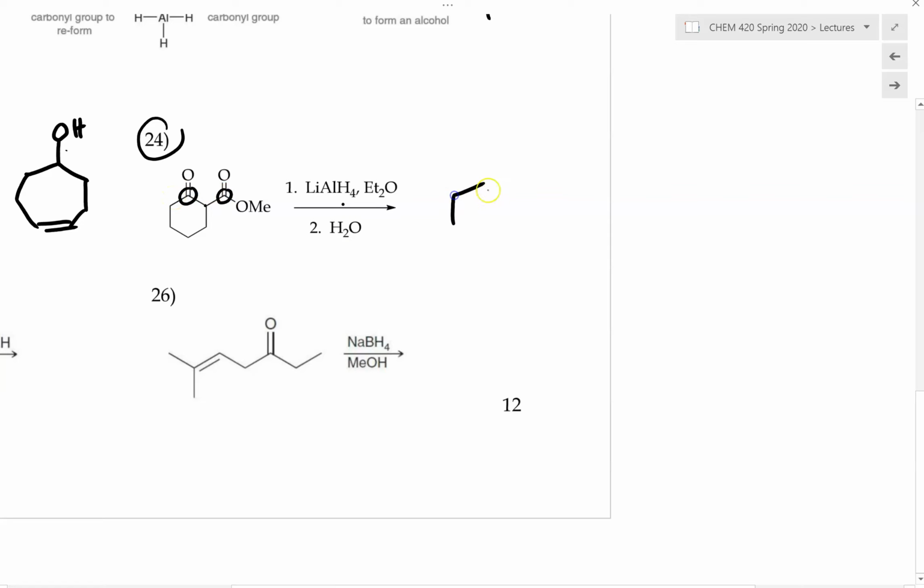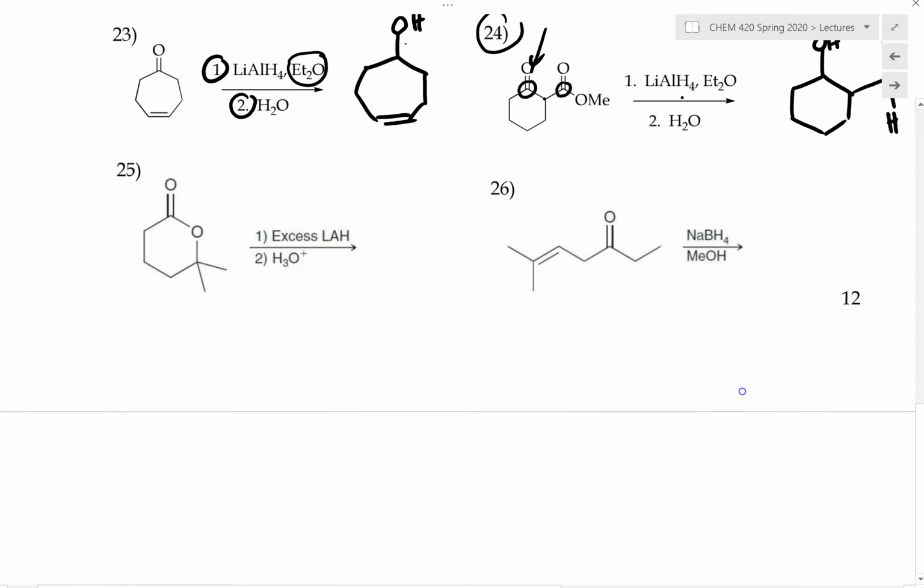It will convert the ketone into the secondary alcohol, and it will convert the ester into the primary alcohol, where two hydrides are added from the reducing agent. So that would be the structure of the product. Please try these two problems on your own.